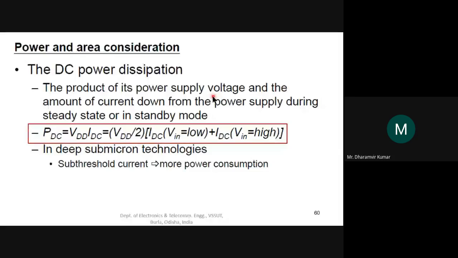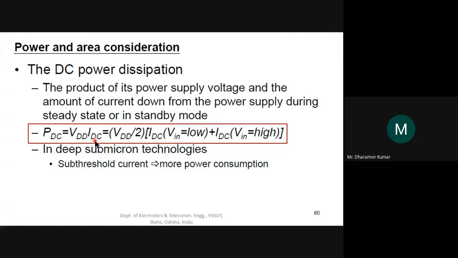So PDC, that is power in DC mode or steady state mode, is simply equal to VDD times IDC. VDD is the supply voltage and IDC is the current that is flowing through the circuit.